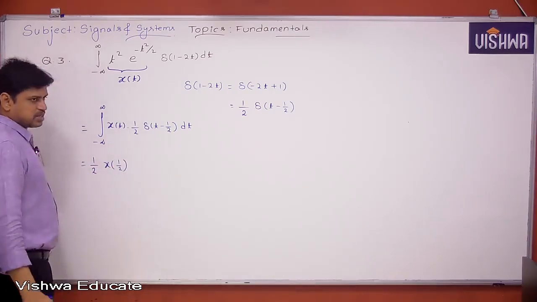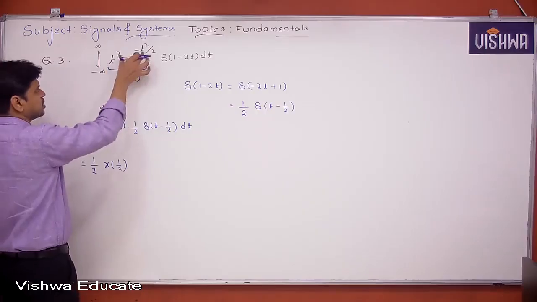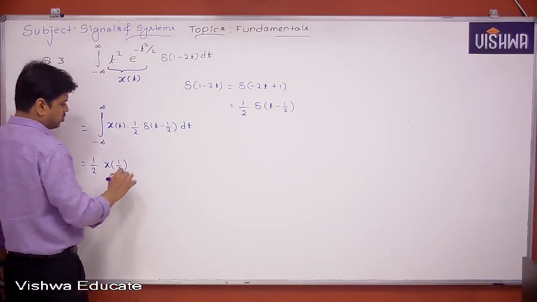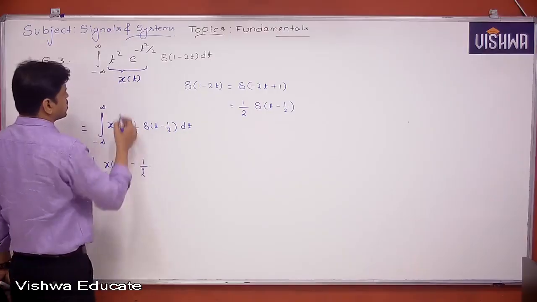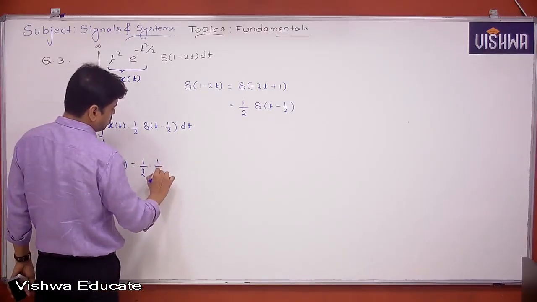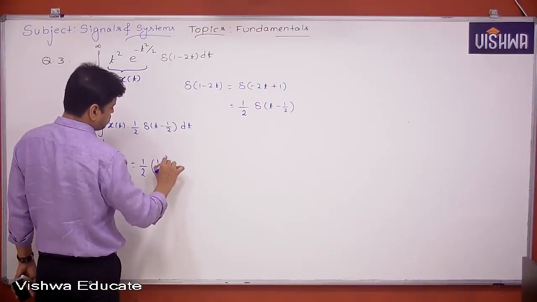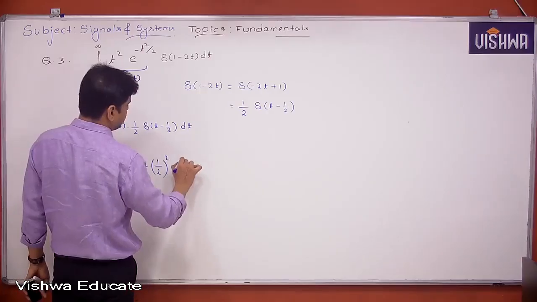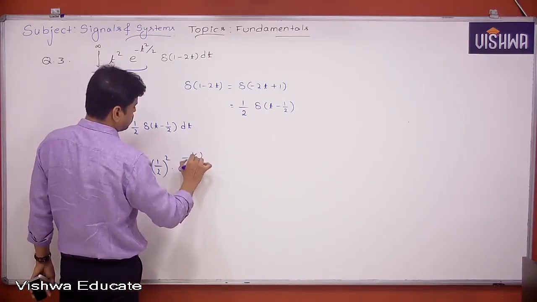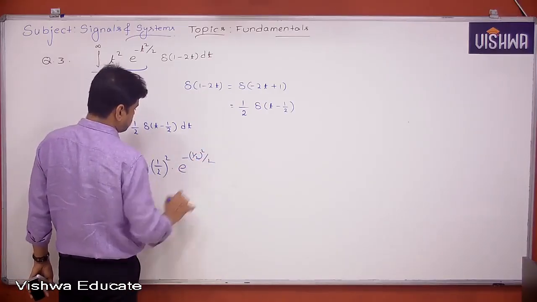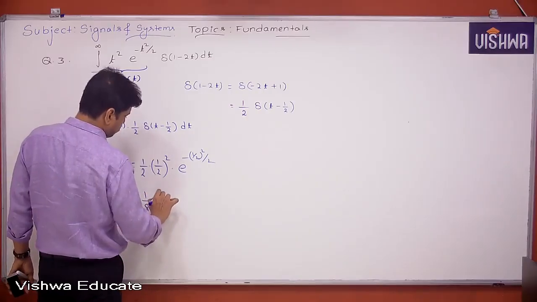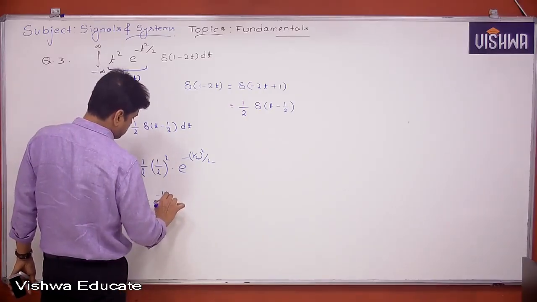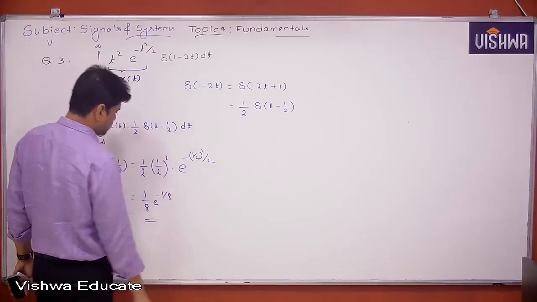That's what the final answer is. So in this function, t has to be replaced with 1 by 2 finally. 1 by 2 into t square, that means 1 by 2 whole square, into e power minus 1 by 2 square by 2. Finally this is 1 by 8 e power minus 1 by 8. This is what the final answer is.